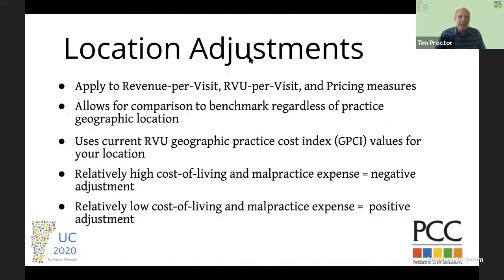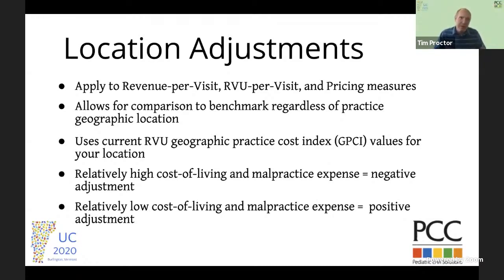You'll also see some location adjustments in the dashboard. For some measures, like revenue per visit, for example, that's total collections, total deposits for an average visit. Well, that can vary depending on where you are in the country. Your cost of living, a practice in, say, Manhattan is very different than a practice in rural Alabama. The revenue per visit for a practice in Manhattan should be higher than the practice in rural Alabama.